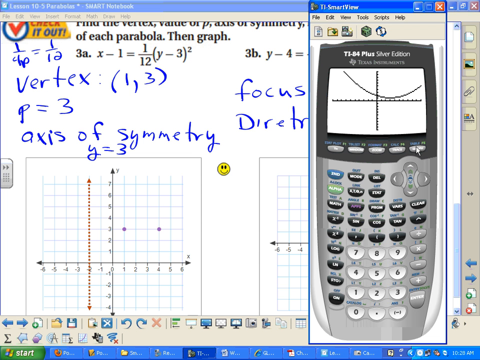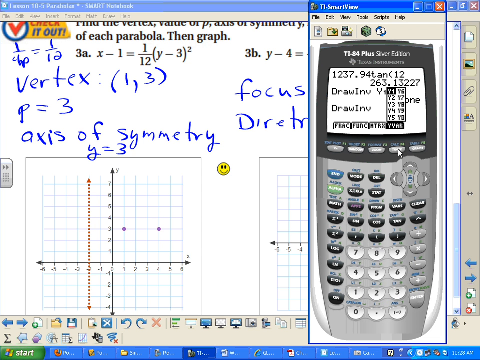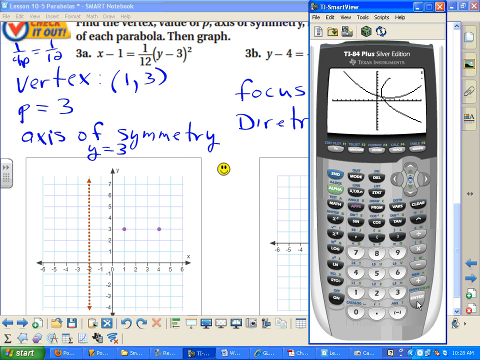All right. Now, if we want to look at what it should look like when we're done, okay, if we go down to the second draw, number 8, put Y1 in there, okay, then this is what our graph should look like when we're done, okay?